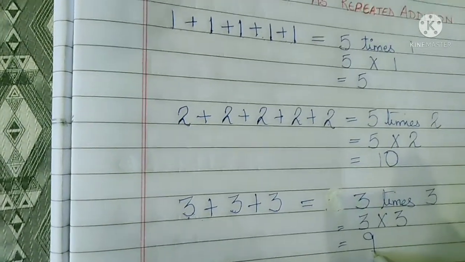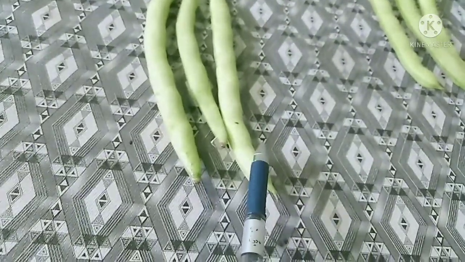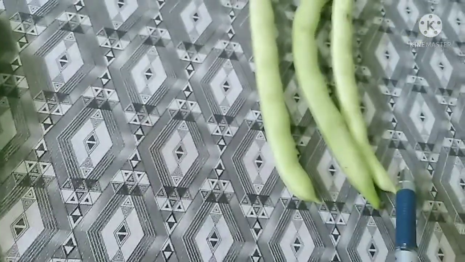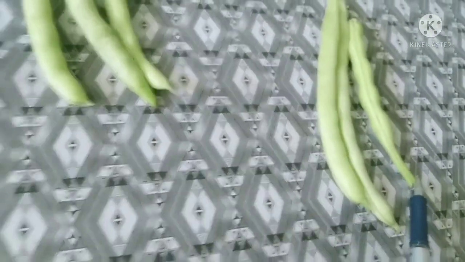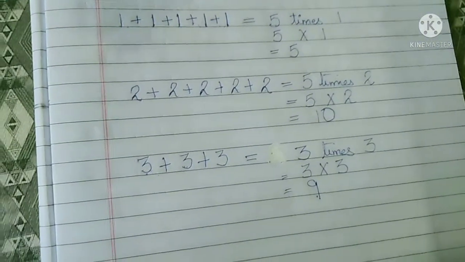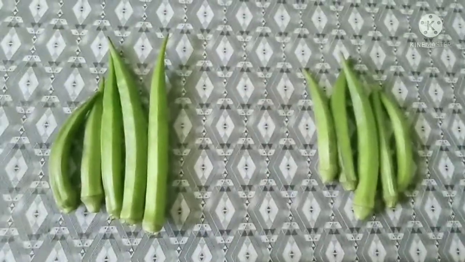Now let's check whether we get 9 or not. So let's count 1, 2, 3, 4, 5, 6, 7, 8, 9. That means a total of 9 beans are given here. Now let's take one more example, an example of ladyfinger.